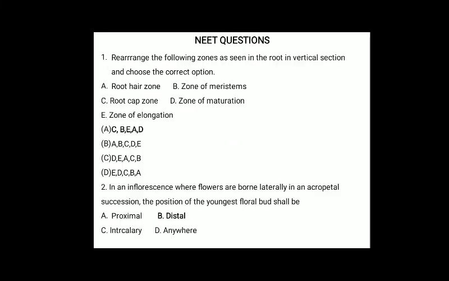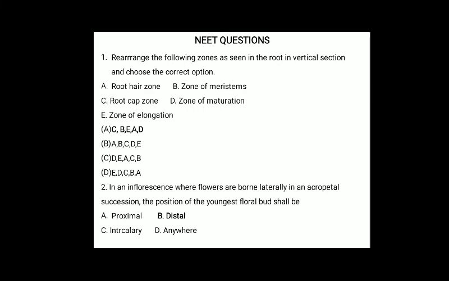Then we will look at some NEET questions. Rearrange the following zones as seen in the root in vertical section and choose the correct option. Option A root hair zone, option B zone of meristems, option C root cap zone, option D zone of maturation, option E zone of elongation.